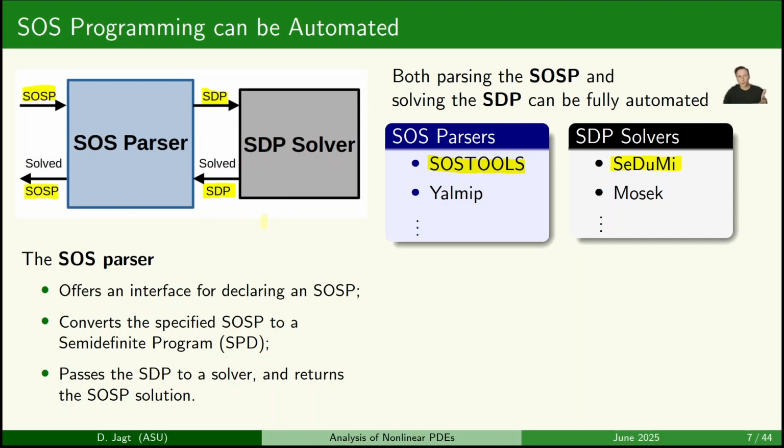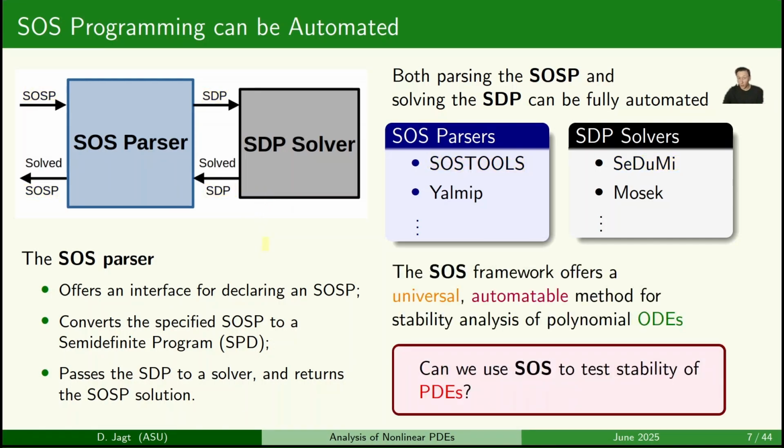So really all the user needs to do is to declare an SOS program, and then these parsers and solvers can do the rest. So then, again, we have a universal and automatable framework for stability analysis of ordinary differential equations with polynomial vector fields, or polynomial PDEs.